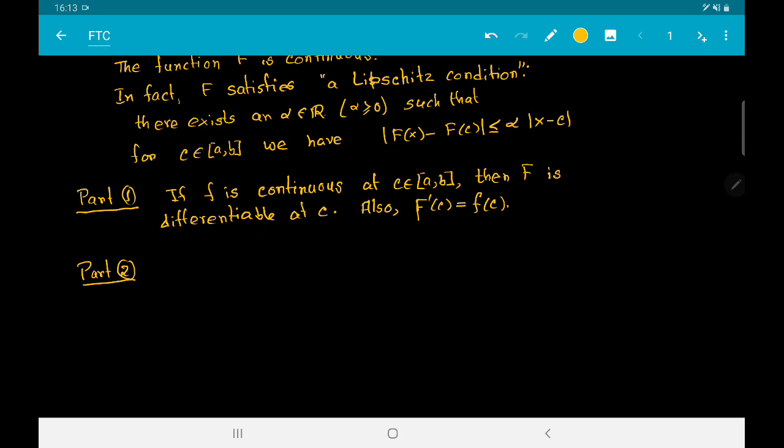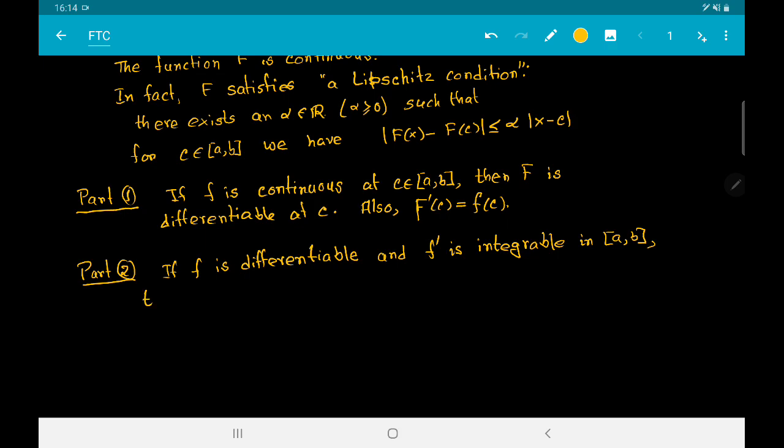Part 2 says that if small f is differentiable and f prime, the derivative of f, is integrable on the closed interval [a,b], then the integral from a to b of f prime(t) dt is equal to, exactly as you might have guessed, f(b) minus f(a).